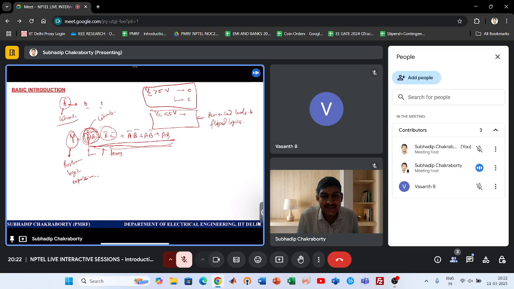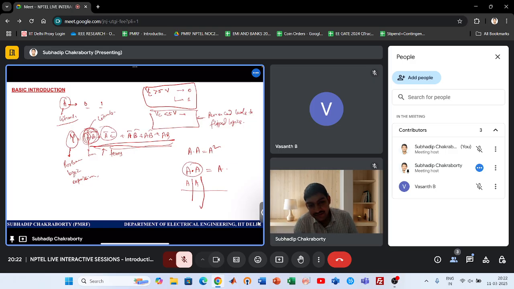So the mathematics here is not completely the true algebraic mathematics. It follows Boolean algebra, because in ordinary mathematics a into a is a square. But in Boolean algebra, a into a is nothing but a, because if you draw the truth table of a, a dot a signifies that a will happen and a will happen.